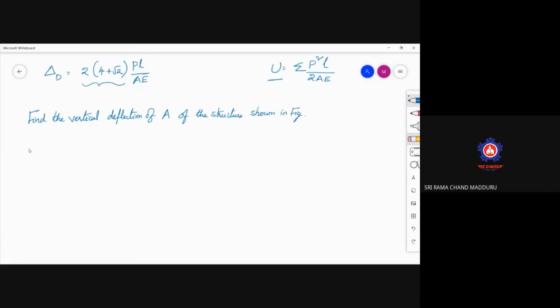All members have the same cross-sectional area. So this is the diagram given.